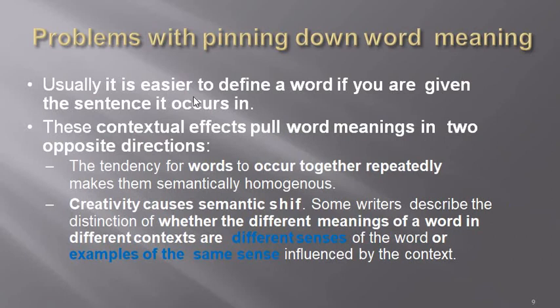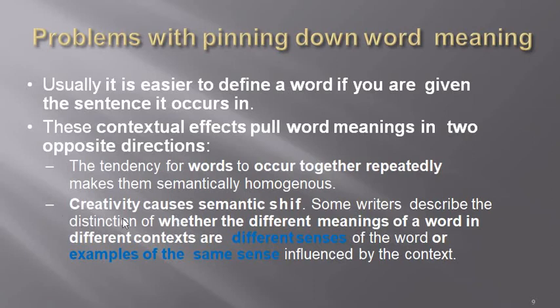Now the problems with pinning down word meanings. Usually it is easier to define a word if you are given the sentence in which that particular word occurs. But these contextual effects pull word meaning in two opposite directions. The tendency for words to occur together repeatedly makes them semantically homogeneous, and creativity causes semantic shift.